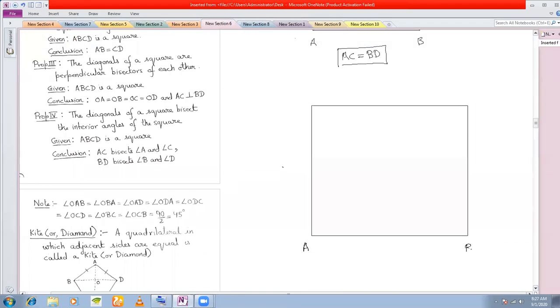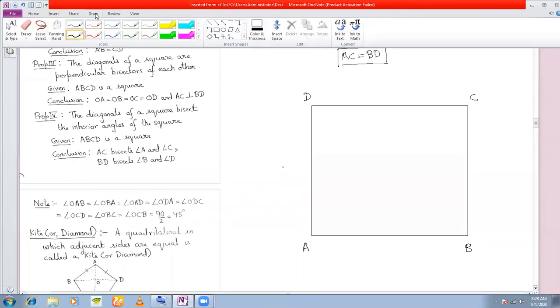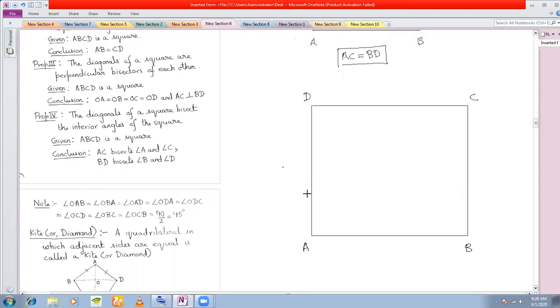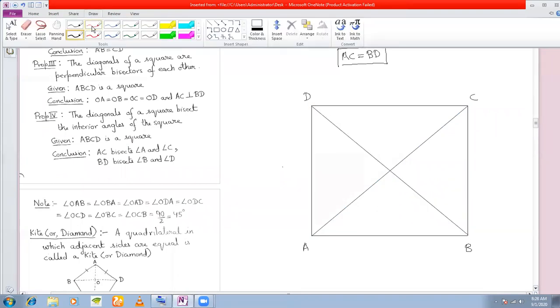So this is our square. If I join this, and if I join this, these two are the diagonals. They will bisect the interior angles.